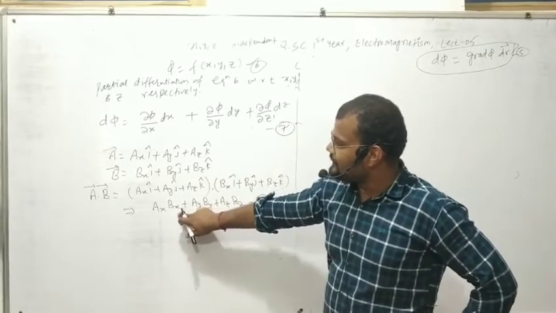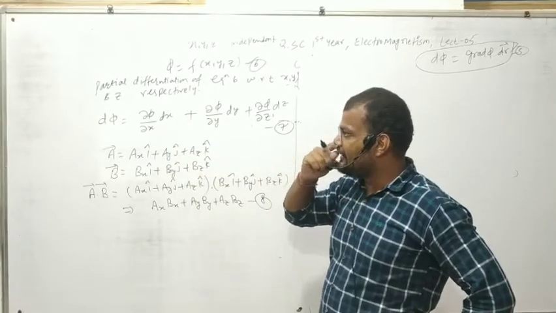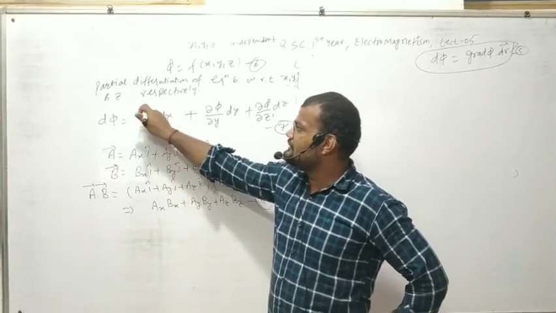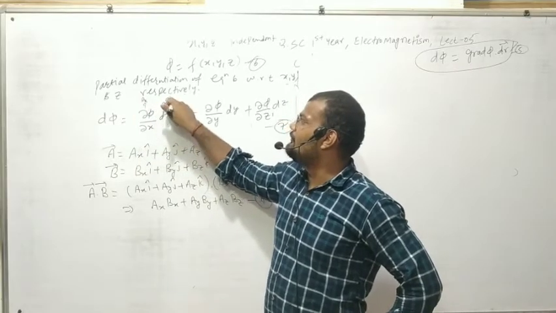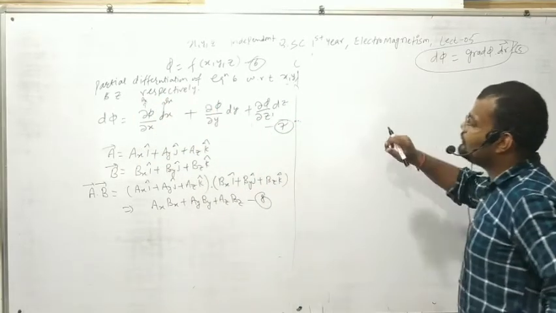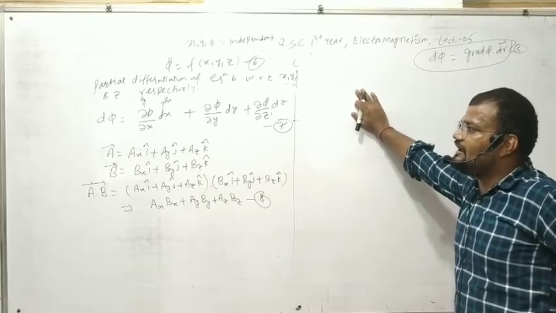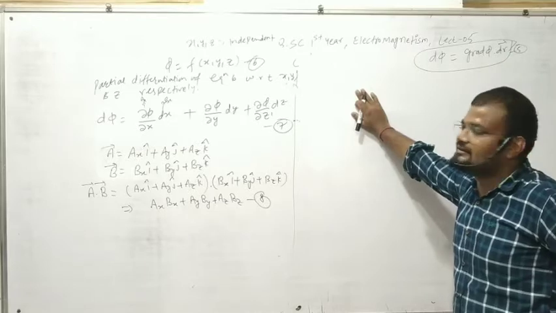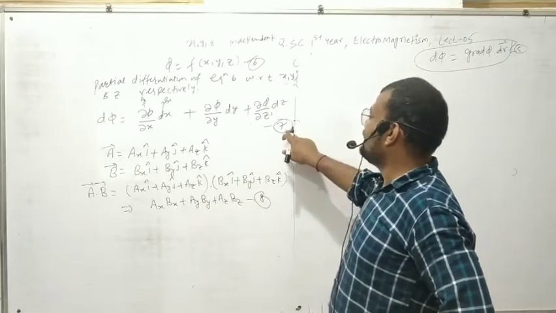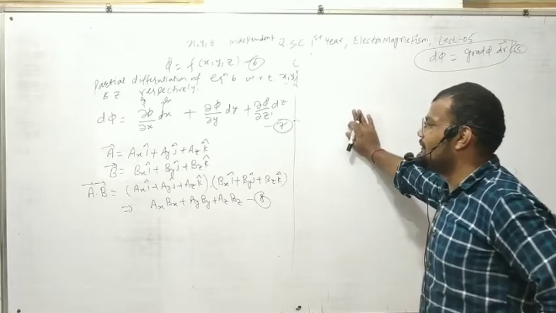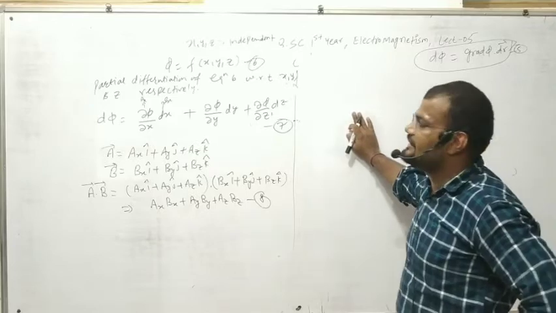Ax Bx. This will be your Ax Bx. Or you can term these two as a, this will be your Ax and this will be your Bx. What I want to do is write equation number 7 as a scalar product of two vectors a and b.